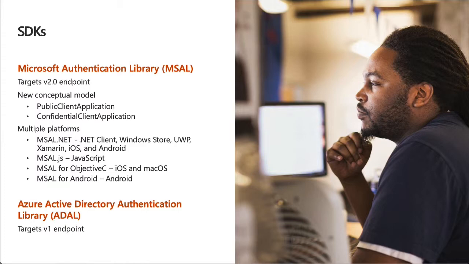I'm only going to be providing the client ID. We also have a couple different platforms where this is supported. There's MSAL.NET for .NET Client, Windows Store, ASP.NET Core, Android, iOS, Xamarin, Universal Windows Platform. There's a JavaScript implementation, an Objective-C implementation for iOS and macOS, and an Android implementation as well.